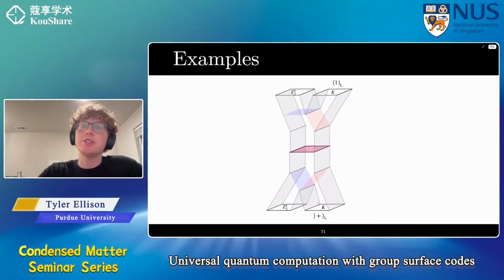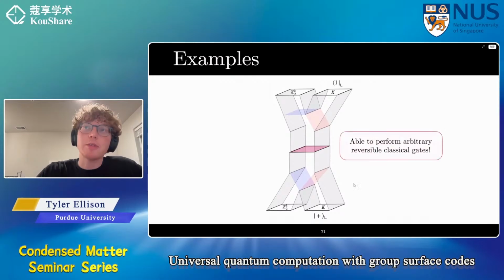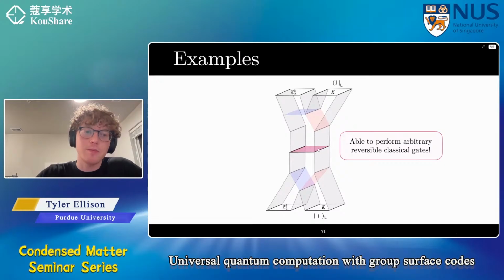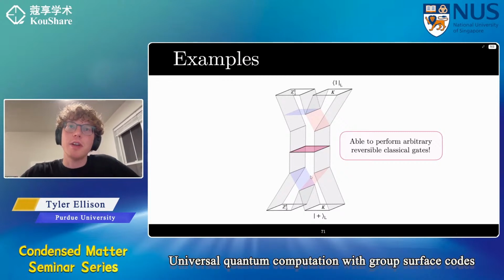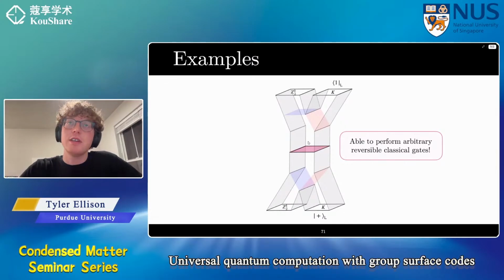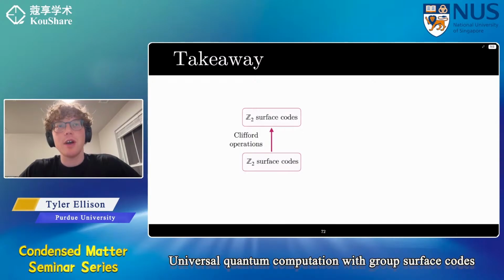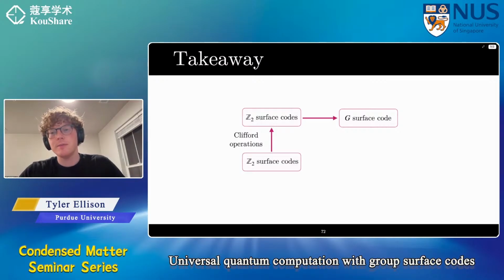In general, we can extend H and K group surface codes into a knit product of H and K. For the purpose of this talk, I'll just consider a semi-direct product. That's a special case. But this is what allows us to extend to non-Abelian groups.